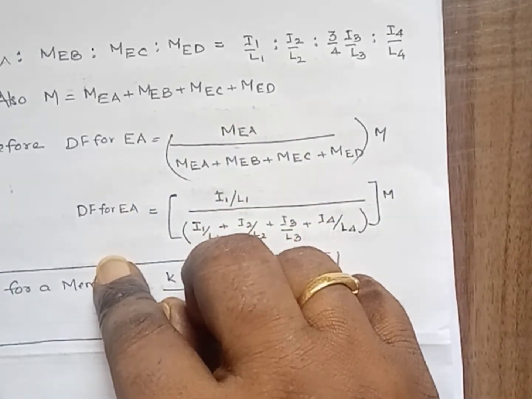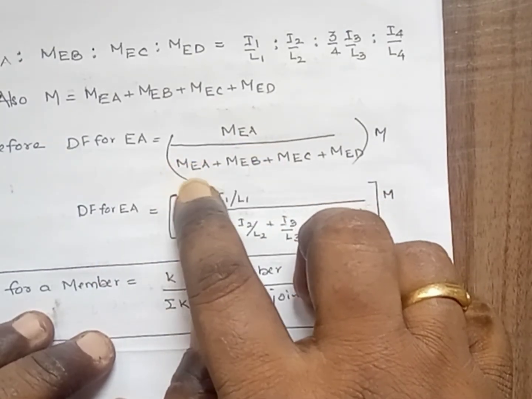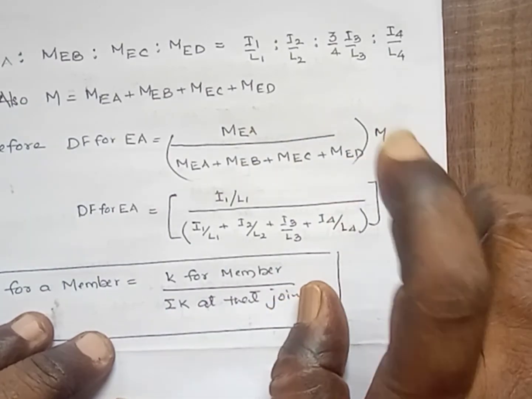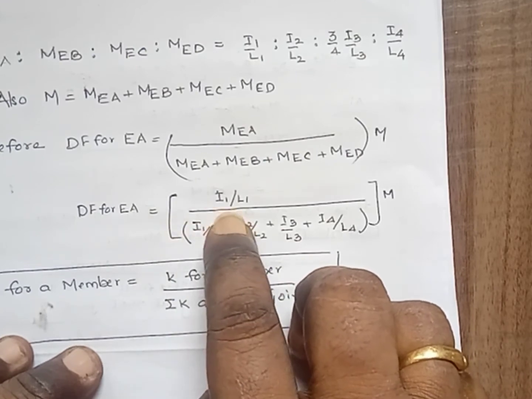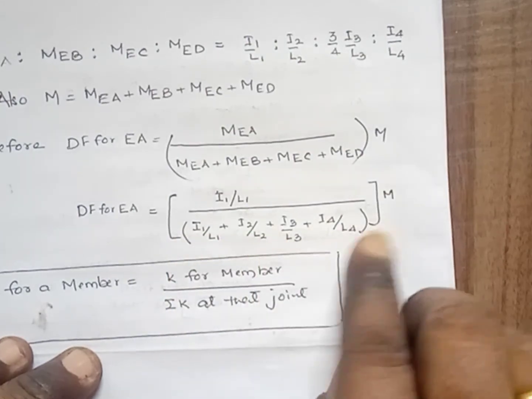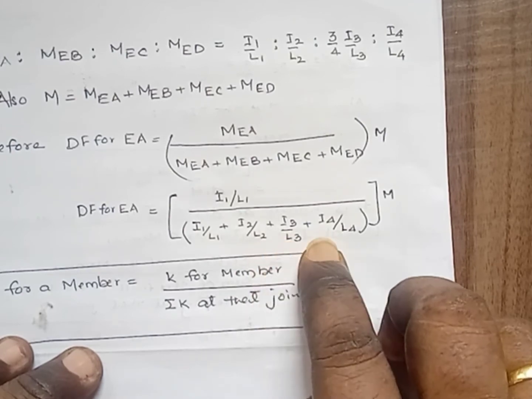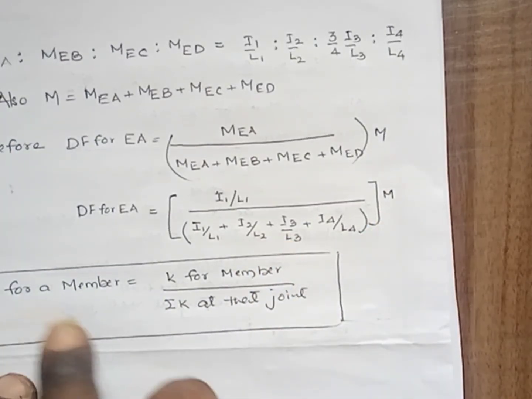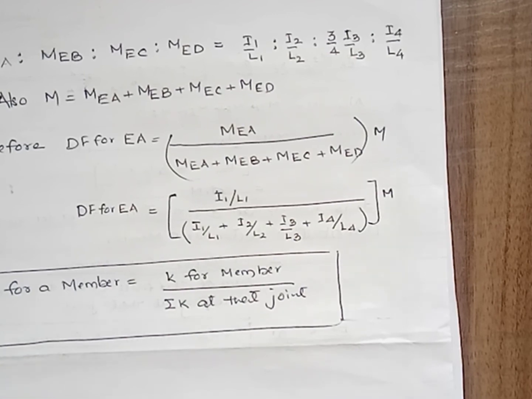Therefore, the distribution factor for one of the members, EA, is MEA divided by the summation of the moments, into M. That equals, by substituting the stiffness values, I1 by L1 divided by the summation of the stiffness, that is I1 by L1 plus I2 by L2 plus I3 by L3 plus I4 by L4, into M. Here the distribution factor for any member is given by the relative stiffness value of that member divided by the summation of the relative stiffness at that joint.